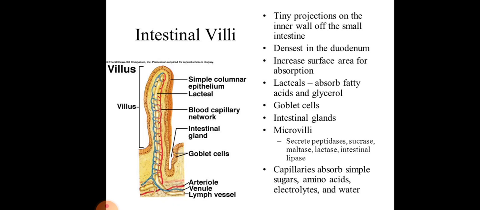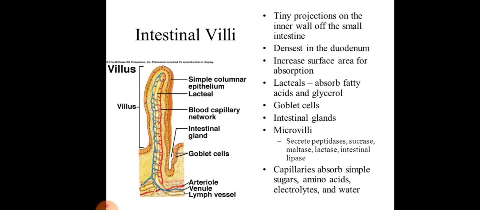These are tiny projections on the inner wall of the small intestine. These are densest in the duodenum, and their function is increasing the surface area for absorption. They also contain the lacteals which absorb fatty acids and glycerol.